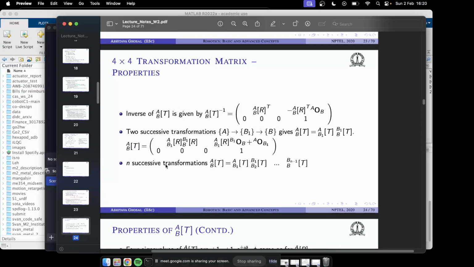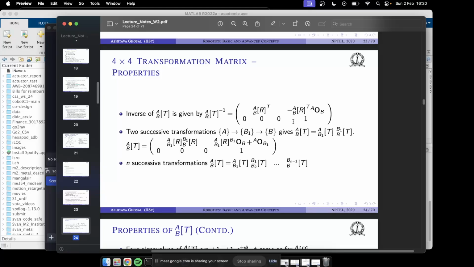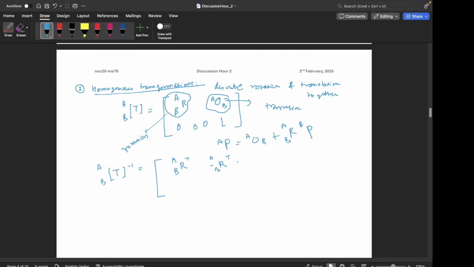And the inverse of this transformation is given by TAB inverse, and that is... the inverse of a rotation matrix is its transpose. So here is the slightly tricky part: this is minus R_AB transpose times AOB, and this is the same, right?